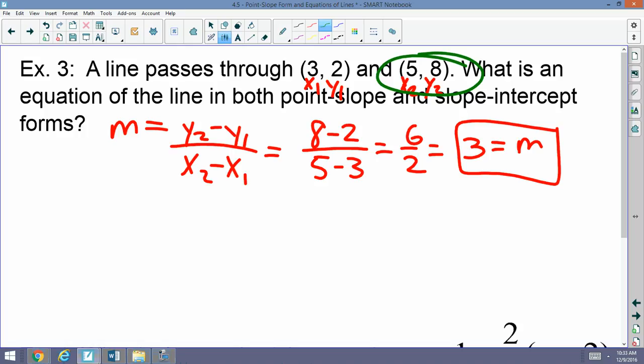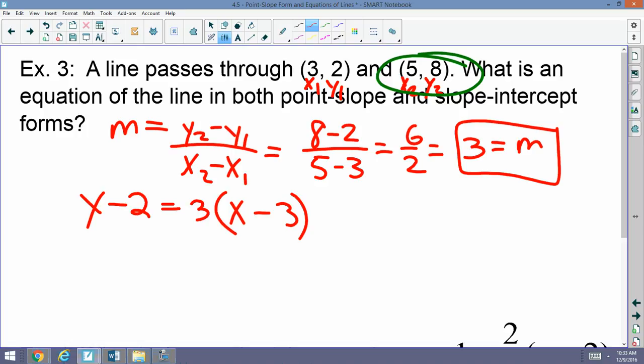Okay, so let's do this. Tell me what to do. Okay, y minus 2 equals 3 times x minus x1, which is 3.